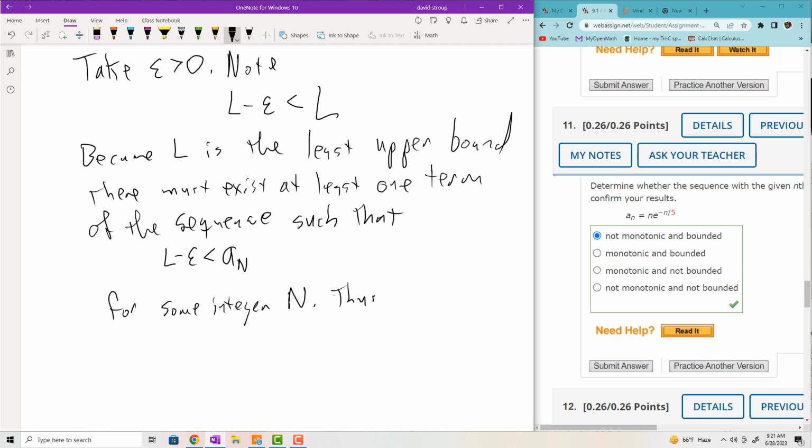Thus, for all n, and now we kind of go back to the strict definition of a limit, right? So for all n, little n greater than big N, we have that a sub big N will be less than or equal to a sub little n.